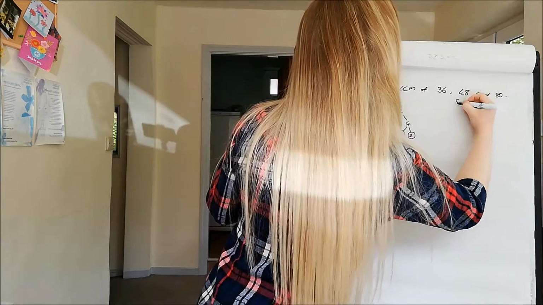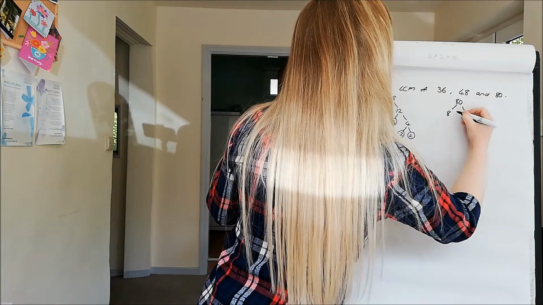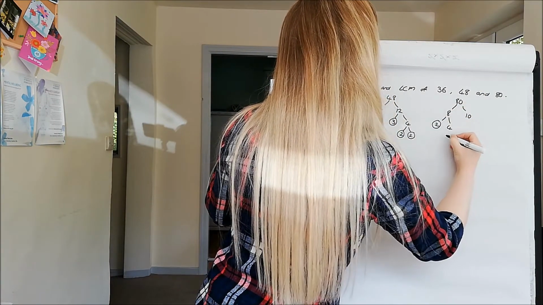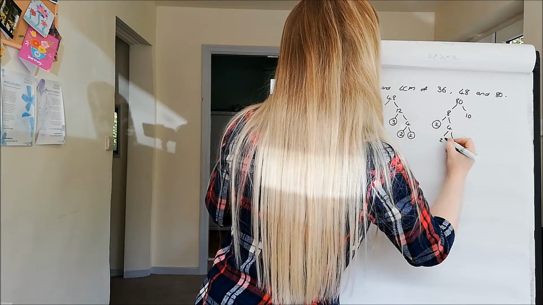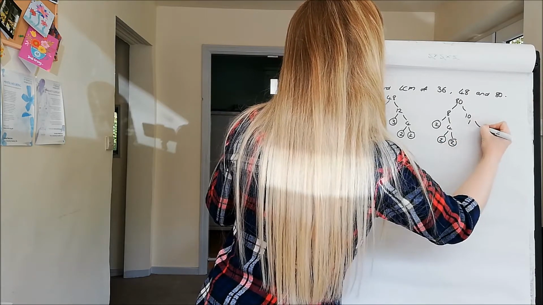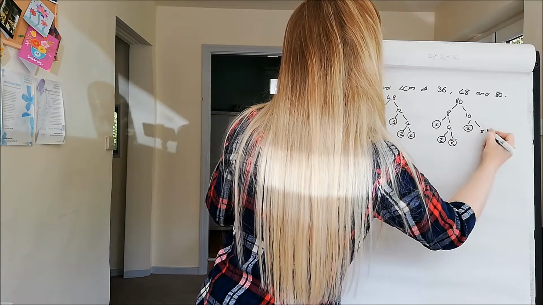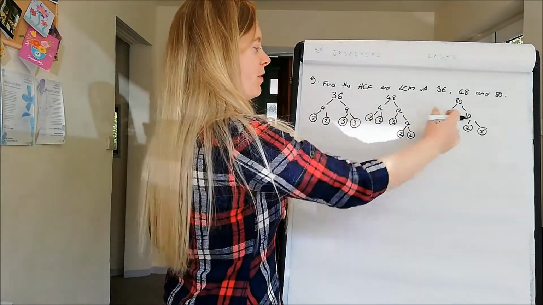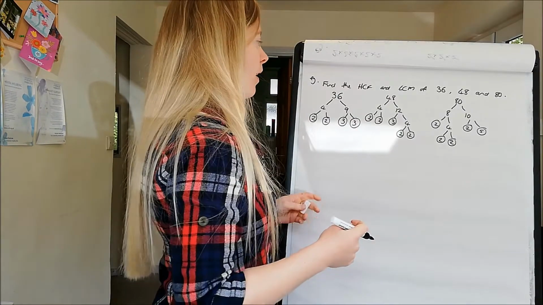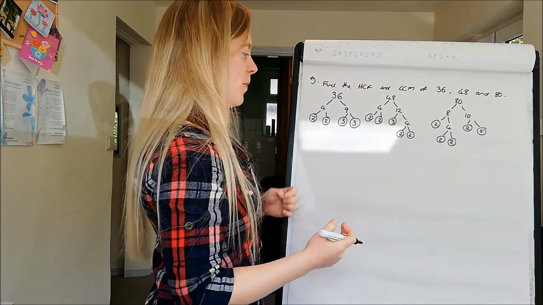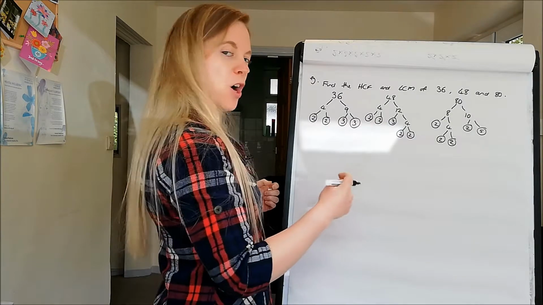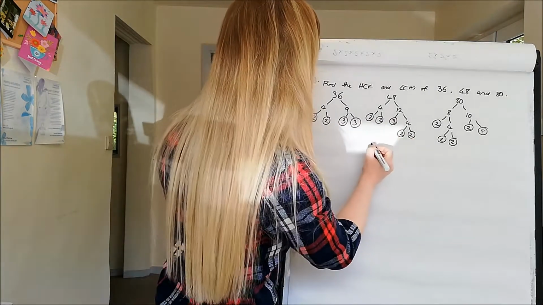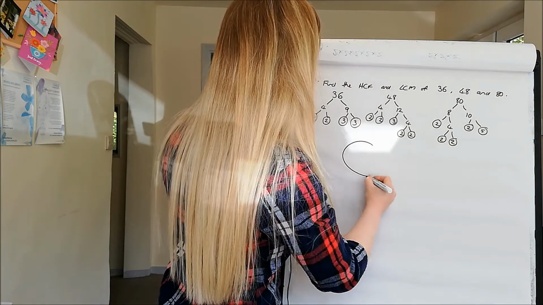And then 80 breaks down into 8 10s, 8 breaks down into 2 4s, 4 breaks down into 2 2s, and 10 breaks down into 2 5s. So I've done that quite quickly, but it's just the same as before, except I've now got 3 trees. I'm then going to do a 3-way Venn diagram, and I'm not sure how clearly you'll be able to see this, so I'm going to talk through what's going where as I'm doing it.